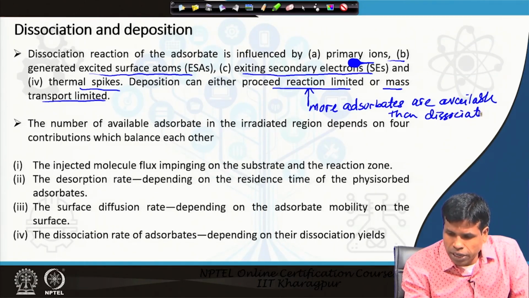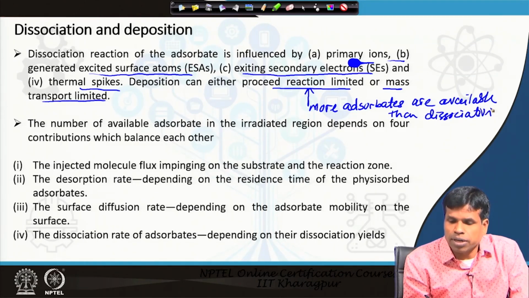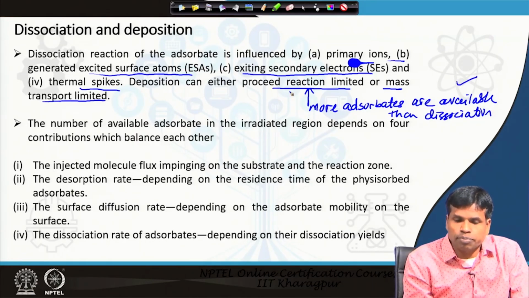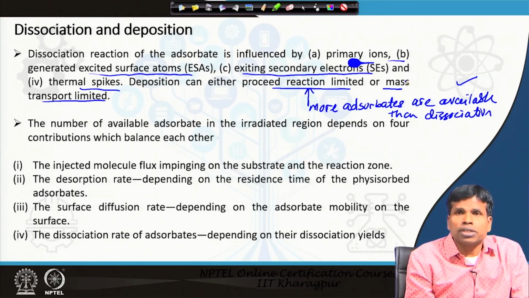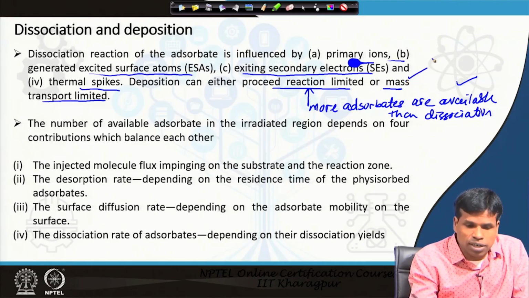When enough adsorbate molecules are available for dissociation, the process is called reaction limited. When it is the opposite, when more dissociation is occurring and fewer adsorbates are available, then it is mass transport limited.